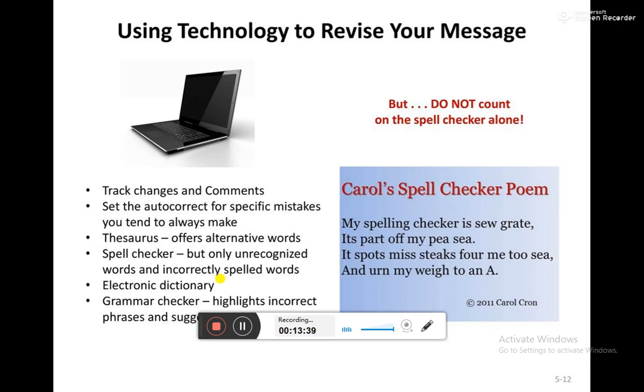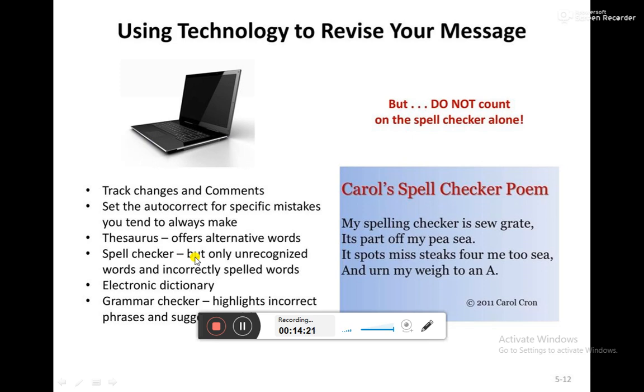For example, if you use "dear" when you mean to use "there," your spell checker might not notice because "there" is spelled correctly, although a grammar checker might. So the second is a grammar checker. A grammar checker tries to do for your grammar what a spell checker does for your spelling.